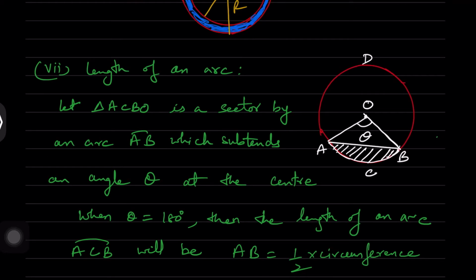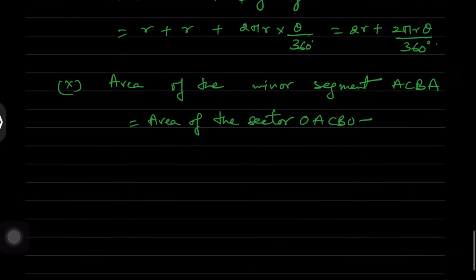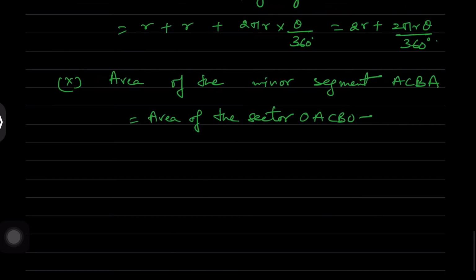This whole part, the green part, is the sector OACBO, and the outline of the white part is the sector, while the segment ACBA is only this small part. So how do we find the area of the minor segment? It is the area of sector OACBO minus the area of triangle OAB.